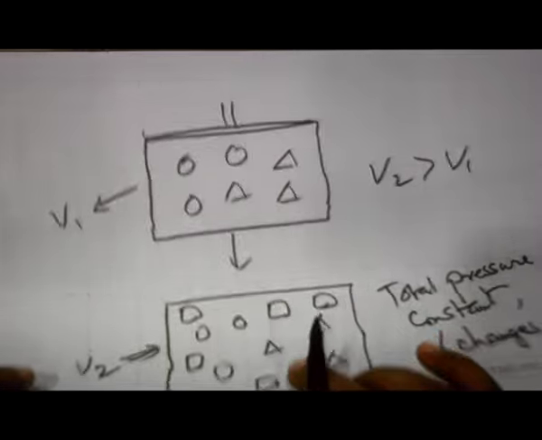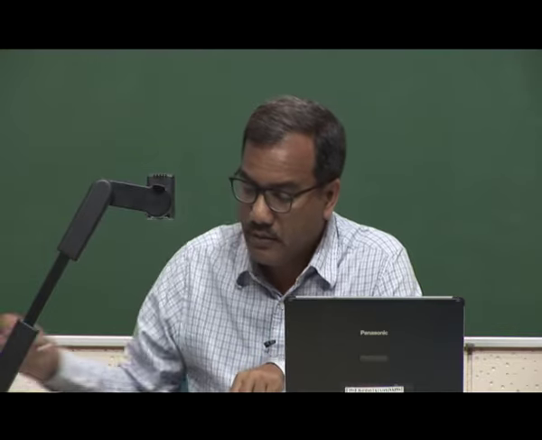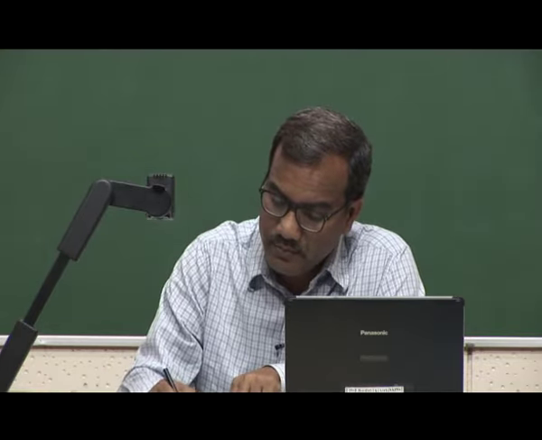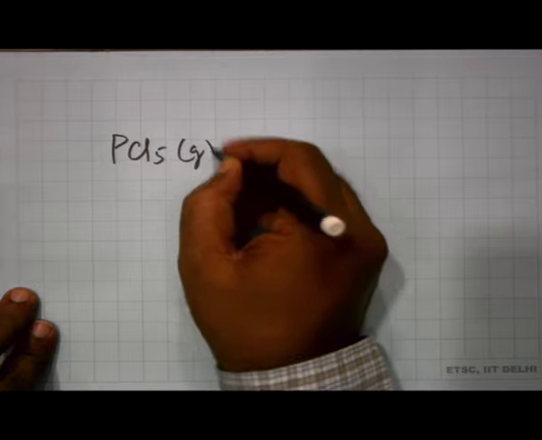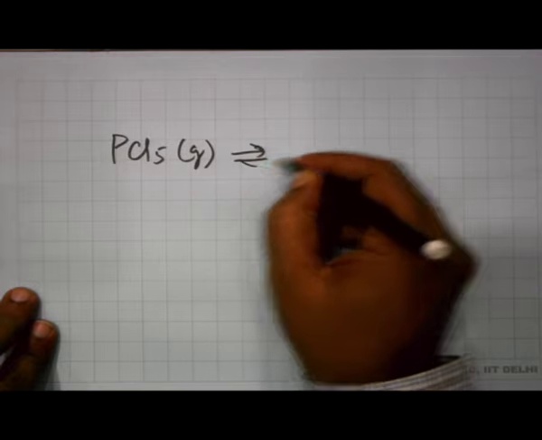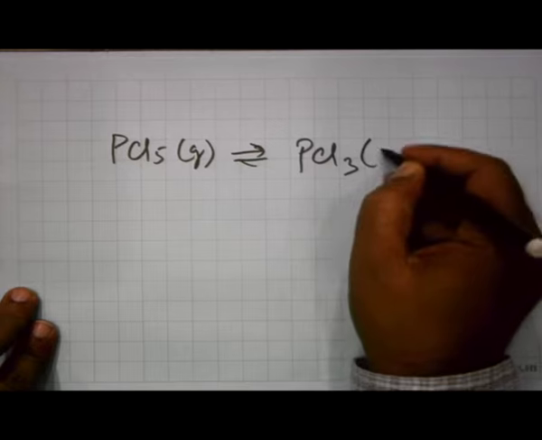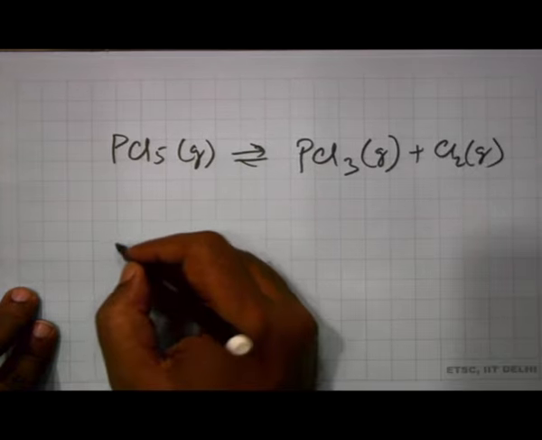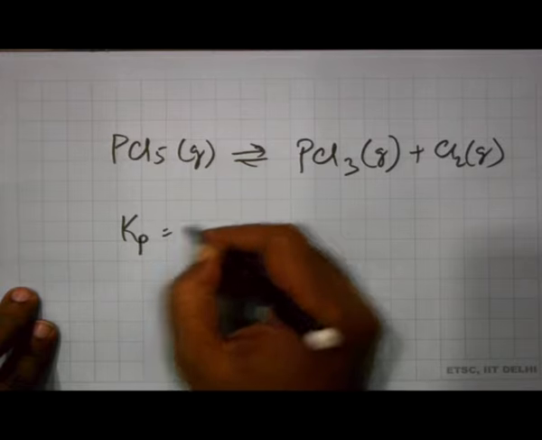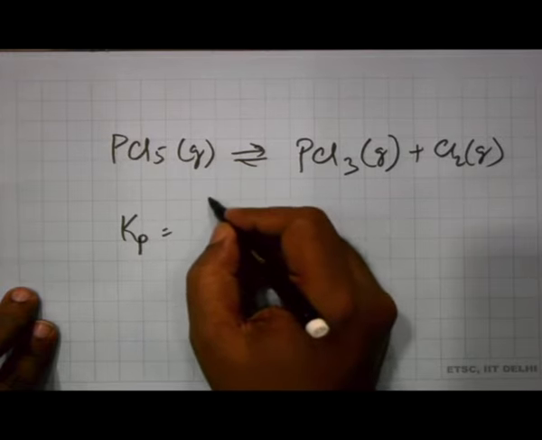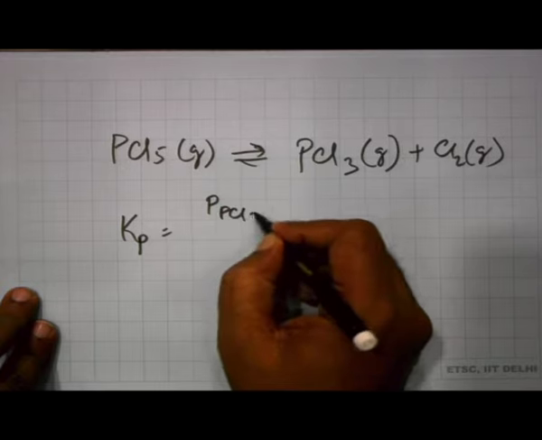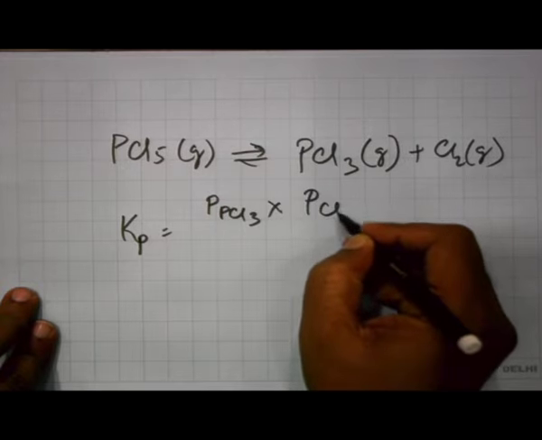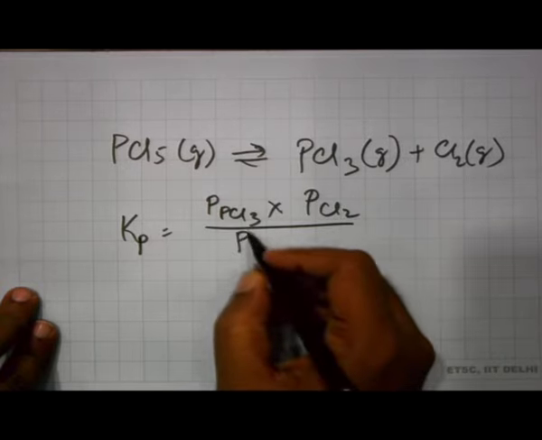So, let us again discuss this reaction: PCl5 gas going to PCl3 gas plus Cl2 gas. Kp is equal to the pressure of PCl3 multiplied by the pressure of Cl2 divided by the pressure of PCl5.